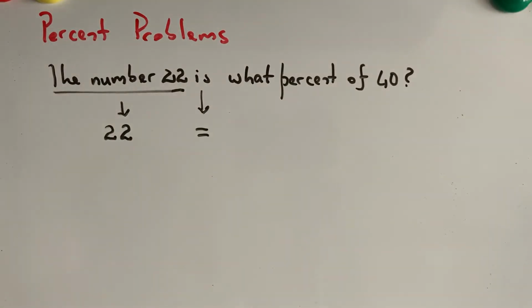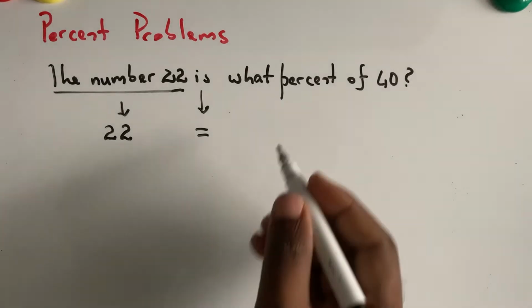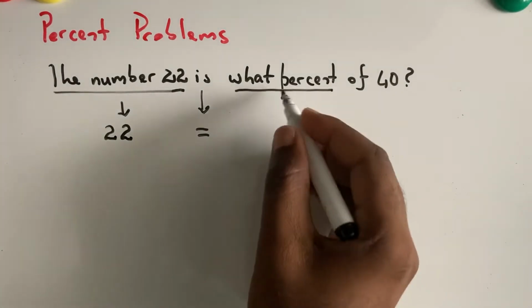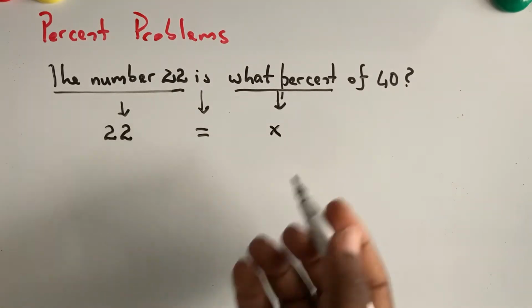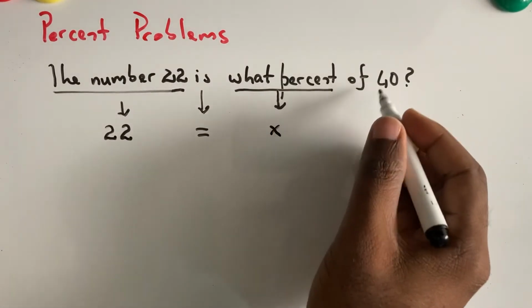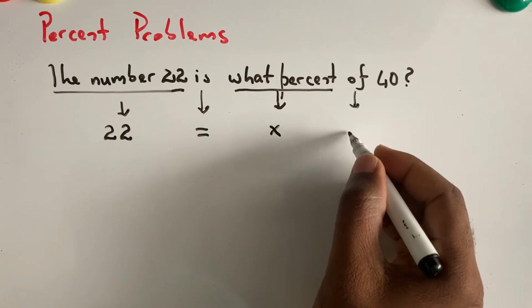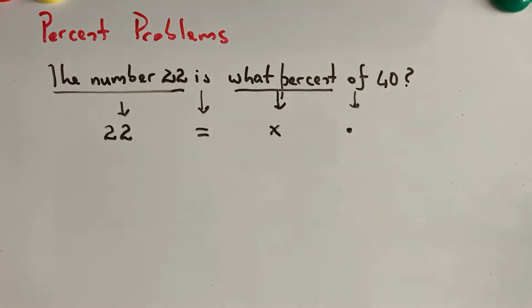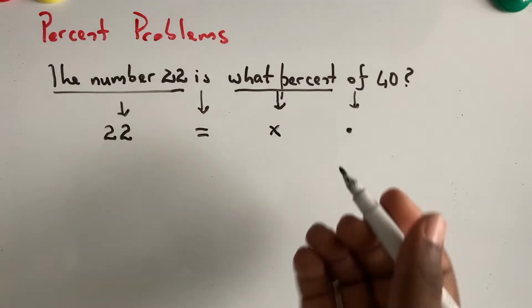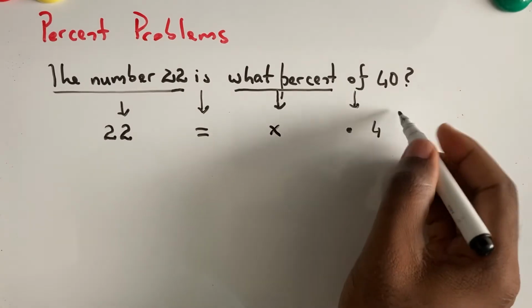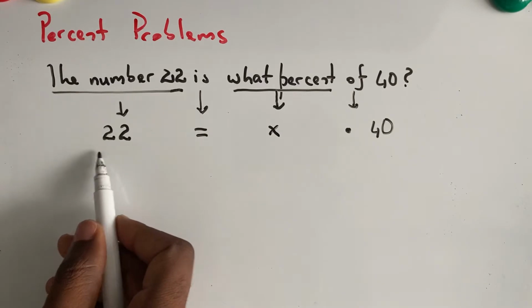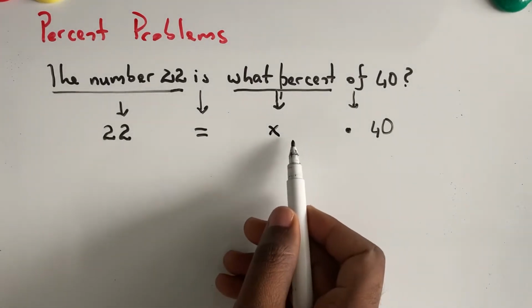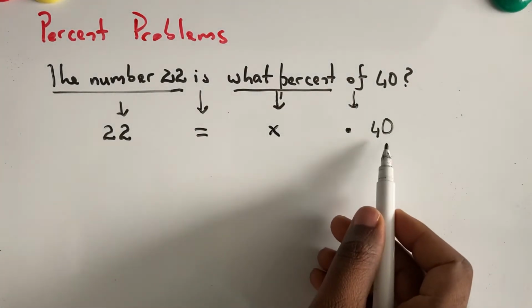What percent, which is what you need to find because you don't know it, you're going to call it x, or whatever variable you want. Of is the multiplication sign here, and 40. That's it. So to read this again, the number 22 is what percent of 40.